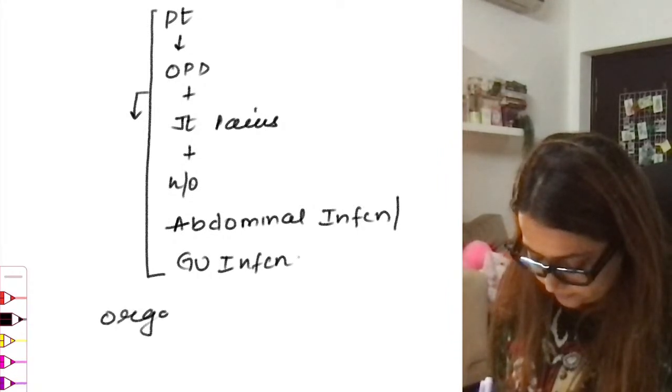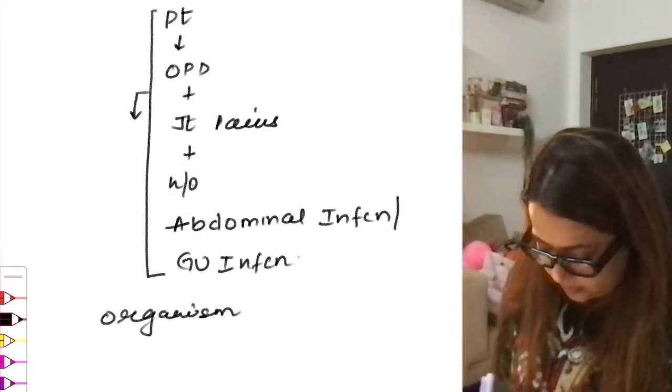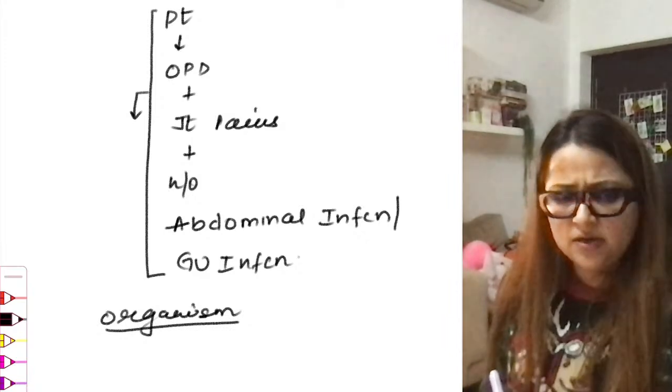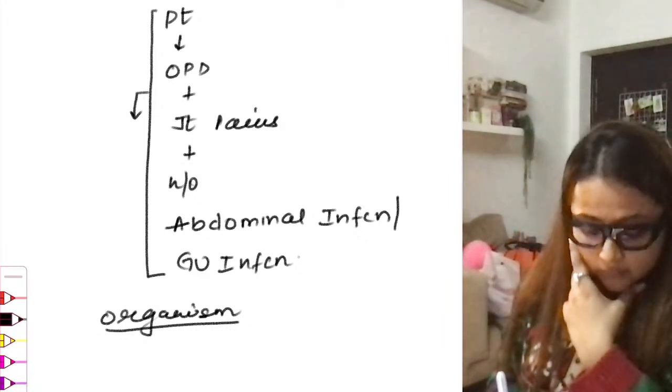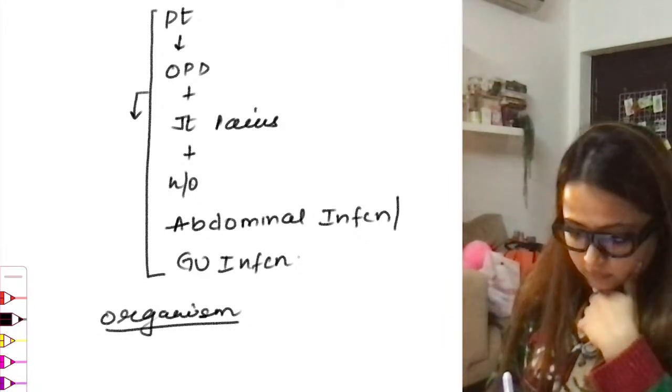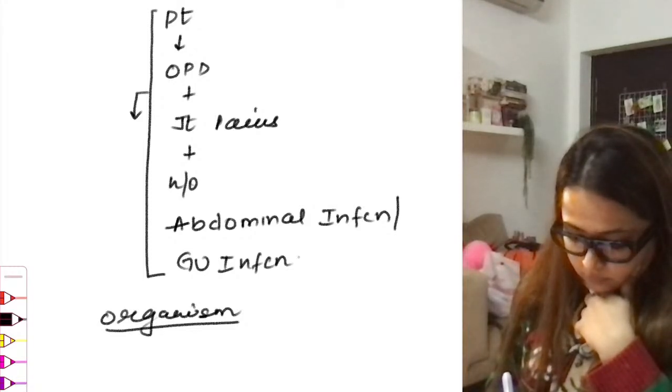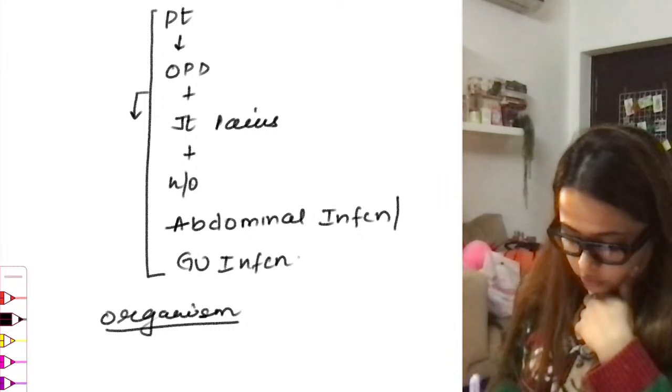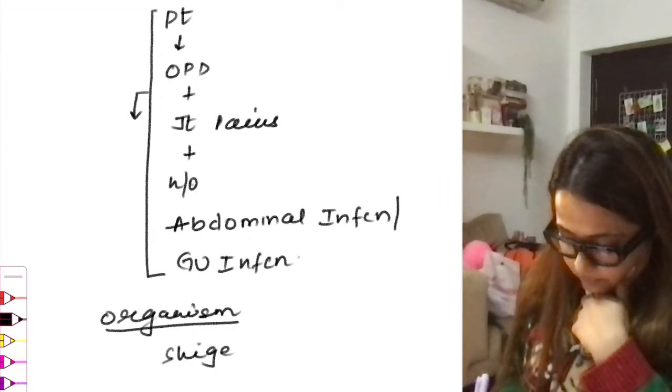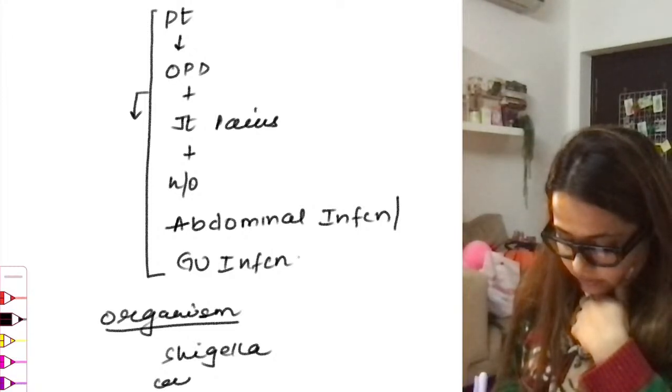Anyone? Organisms associated with reactive arthritis. Just one example. Yes. Good, Shigella. Then, okay, Campylobacter.